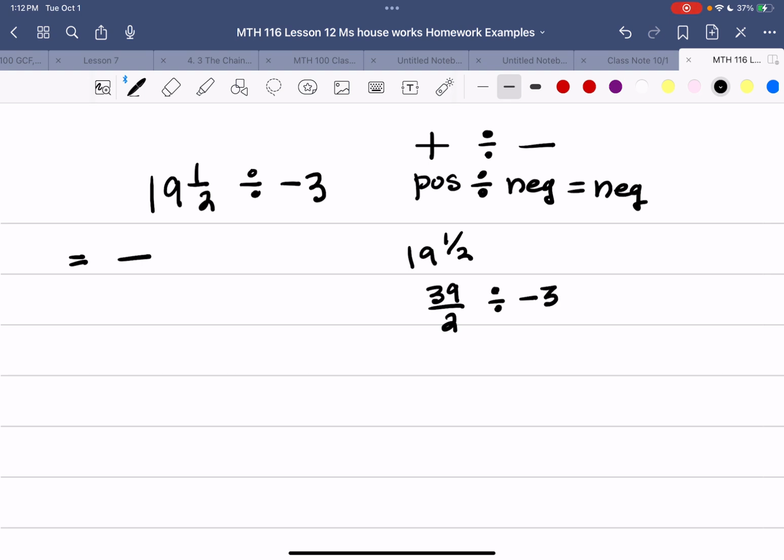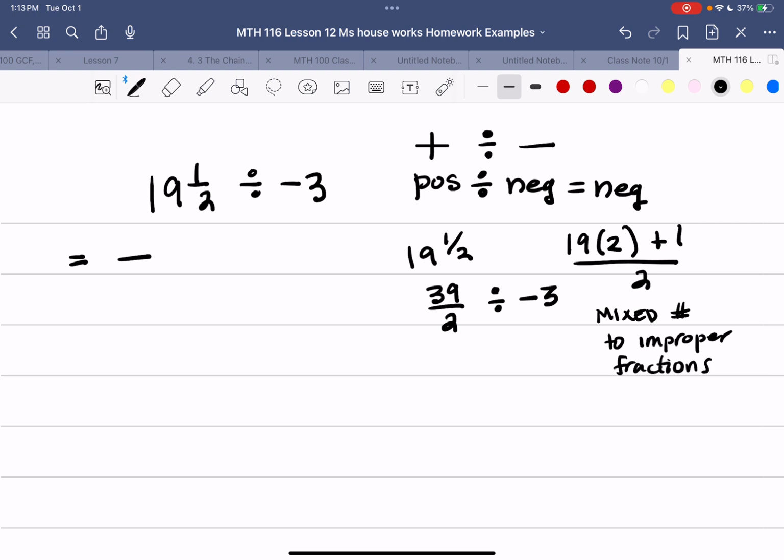Now, how did I get that? I did 19 times 2 plus 1 over 2. That's how you do a mixed number to improper fraction. Improper doesn't mean bad. It just means the top is bigger than the bottom. Now, this -3 has a denominator of 1. So this is we're going to do the change flip.